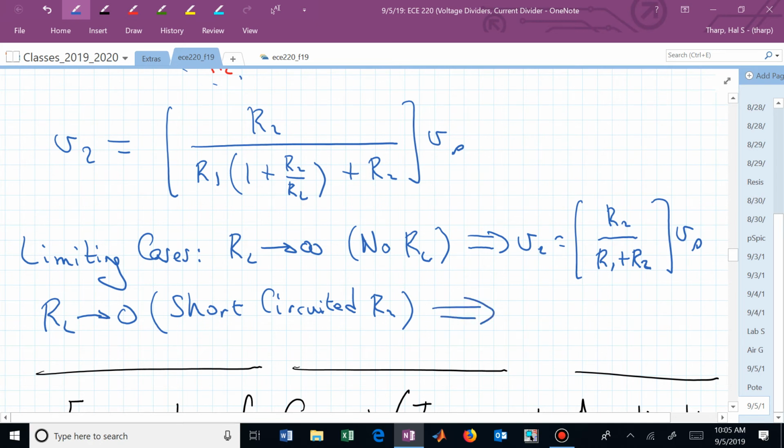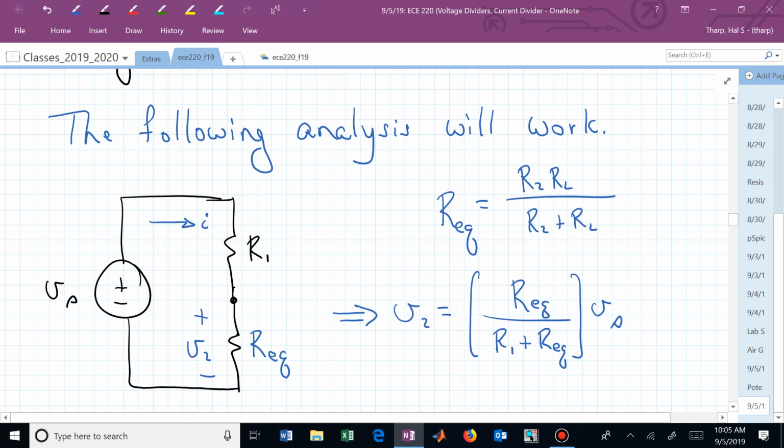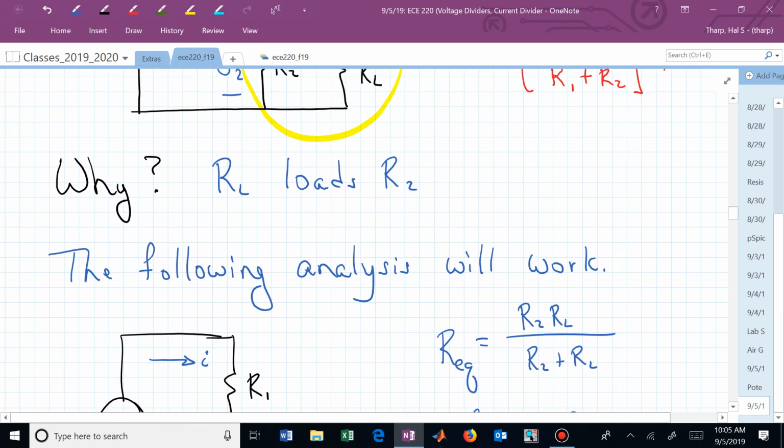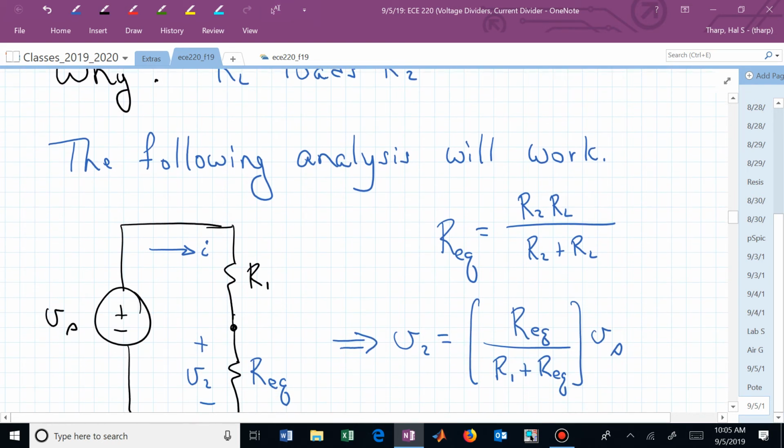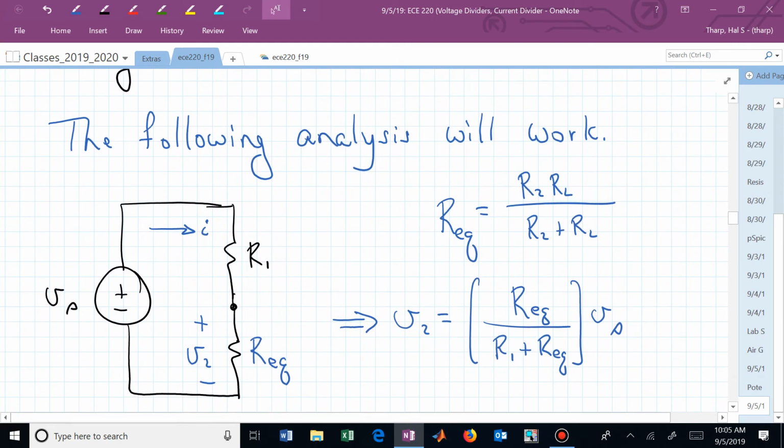Now it may look a little bit weird letting R sub L go to 0. Now we have infinity in the bottom. Let's go back to an earlier formula and say what happens when R sub L goes to 0 in R equivalent. What's R equivalent become when R sub L goes to 0? Doesn't it go to 0?